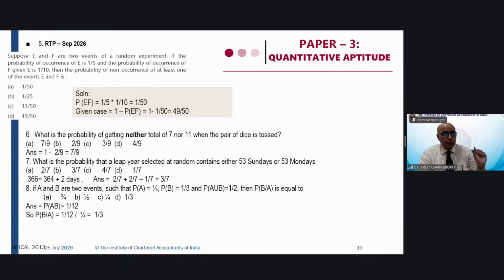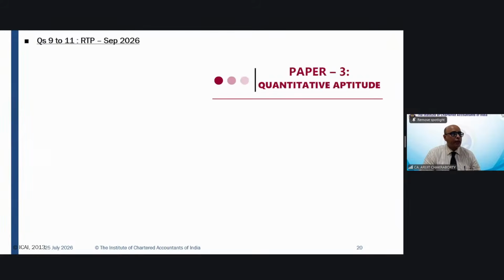We read it as probability of event B, assuming that event A has occurred. That is conditional. So this is possible when we divide P(A and B) by P(A). And therefore, we get the answer 1 by 12 divided by 1 by 4. That comes to 1 by 3.